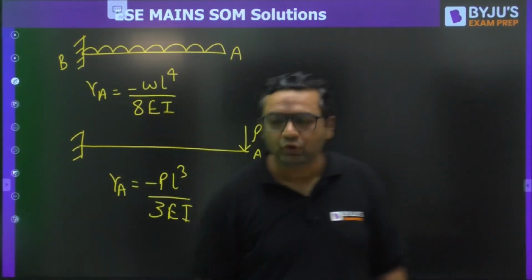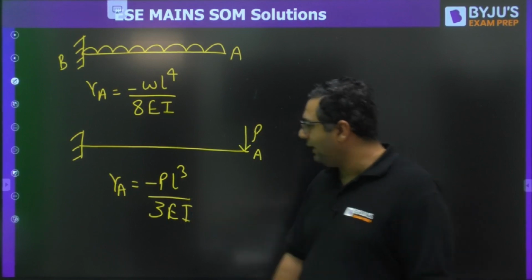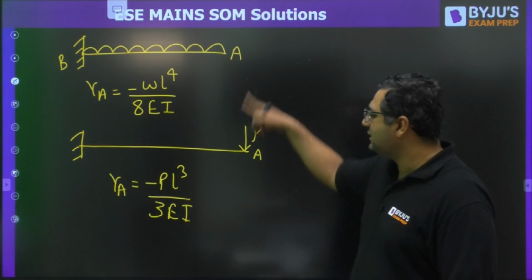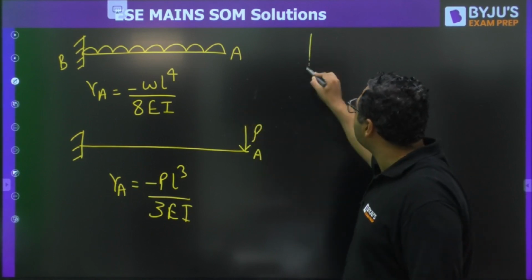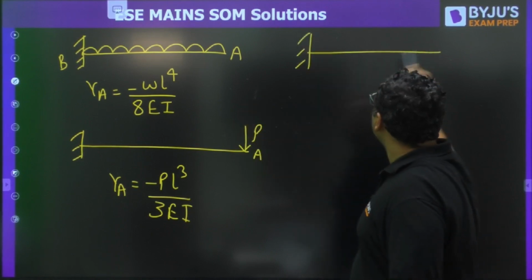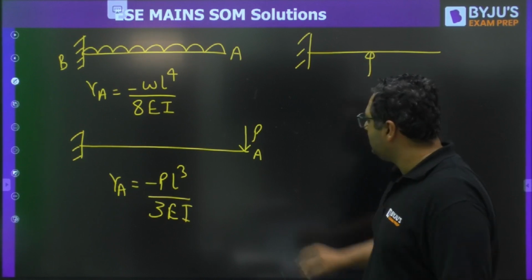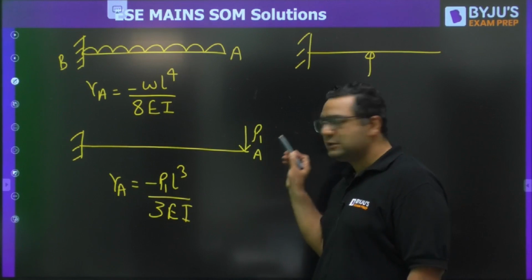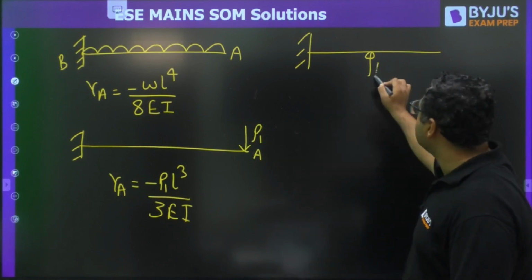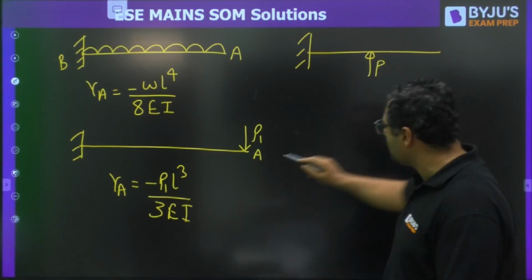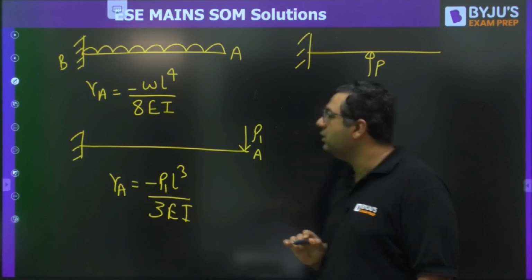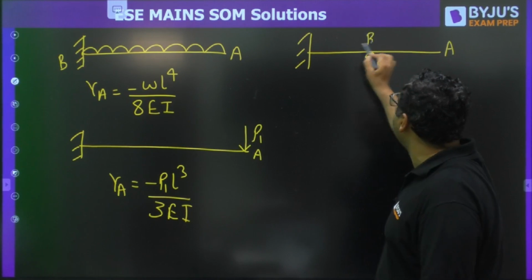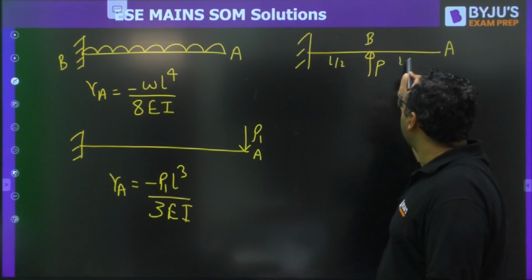If you want, you can also find it by double integration, but then it will become very lengthy. So these are the two things. And then the third thing: we are considering this load as P1, because this is given as P, so we have considered it as P1. Because of this also, using the principle of superposition, this is AB, L by 2, L by 2.